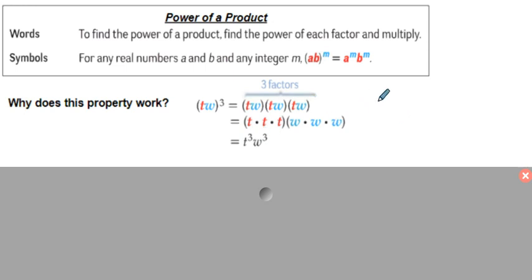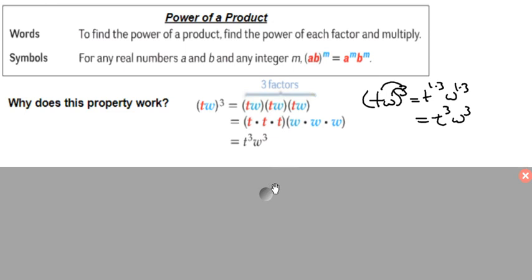The fast way to think about it is if you have tw to the 3rd, you're actually distributing this exponent to both of the things and multiplying it by whatever the exponent is. And if it doesn't have an exponent, it's 1. We don't ever put the 1 there. So this would basically be t to the 1 times 3 and w to the 1 times 3, which is how you get t to the 3rd, w to the 3rd, in a much faster way.